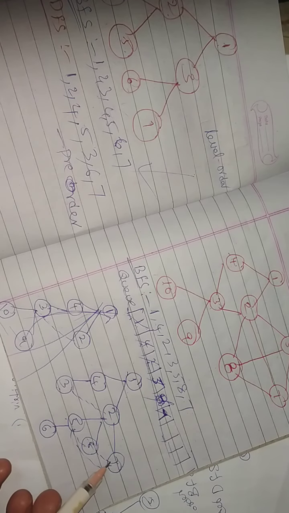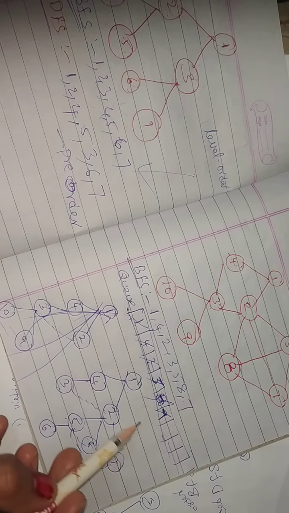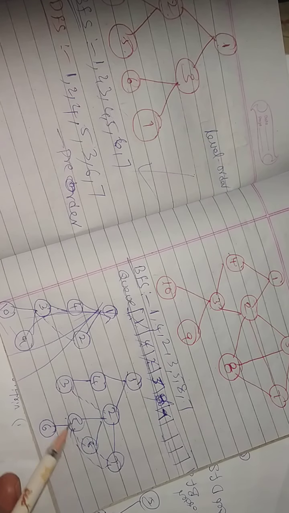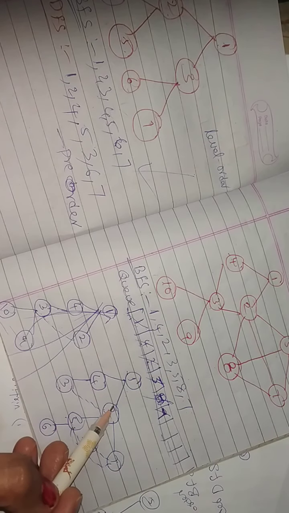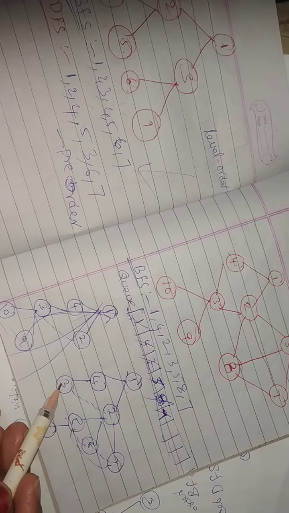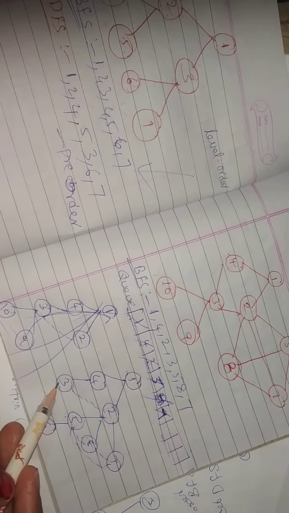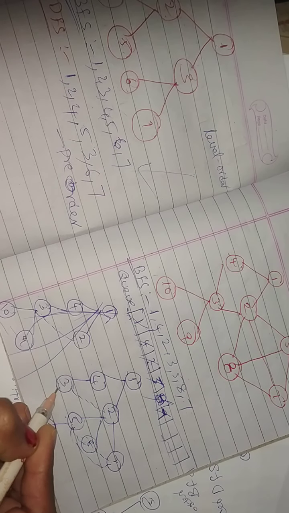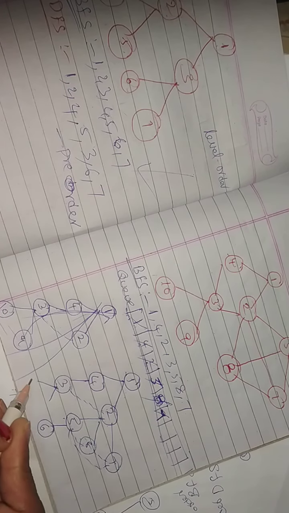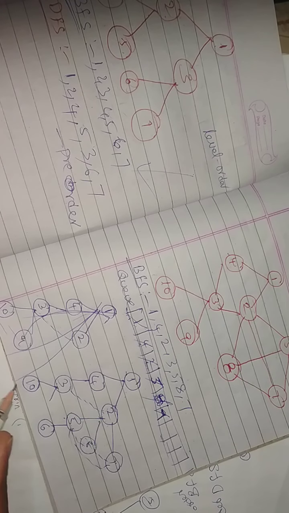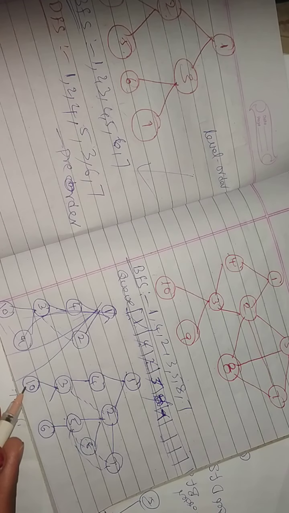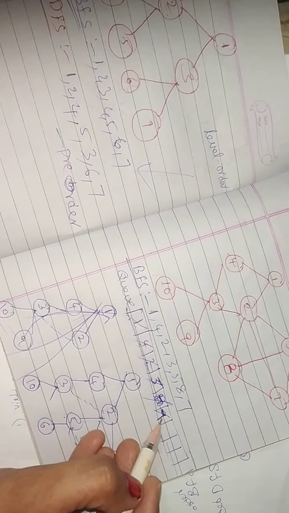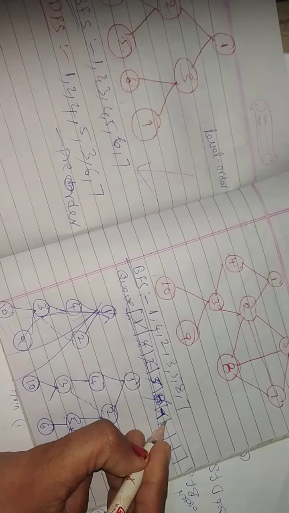Next, so 7 to 2 go back. 7 to 8 go back. 8 to 5 go back. 5 to 2 go back. 2 to 3 also go back. Understand? We explore all. Next, if you explore 3, 10. Okay, 10, is there any other connection? No. So if you explore 3, what happened? 10 is there.